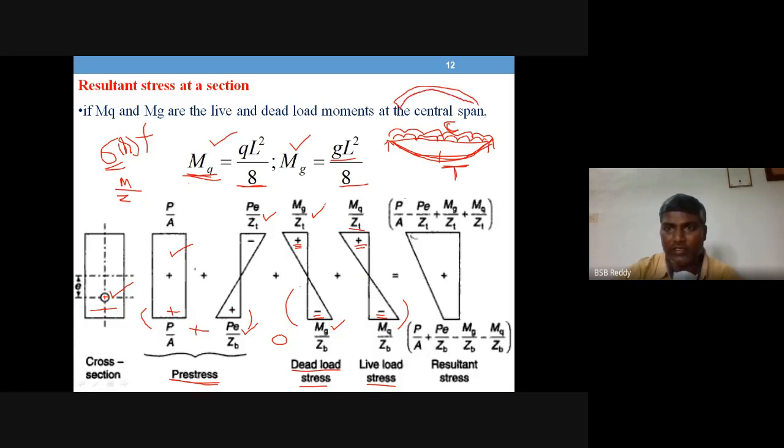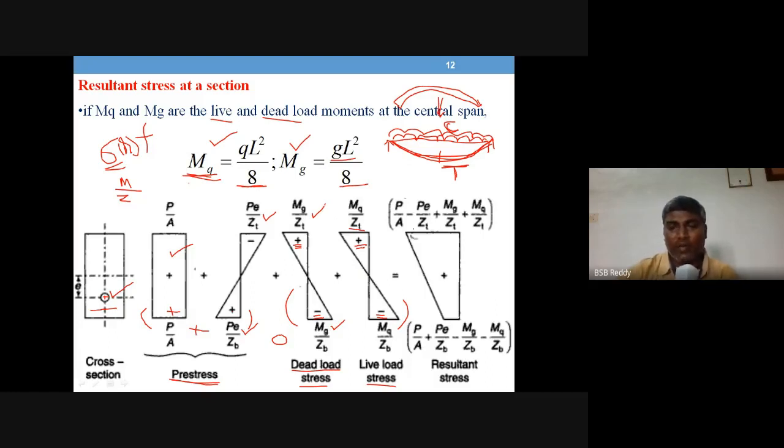So this is how it is going to bend. Whereas when the loads act on the member, it is going to bend down, exactly opposite in nature. So this is the counteracting of pre-stress against the live load and dead load.